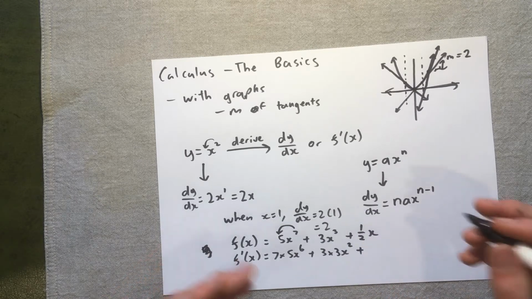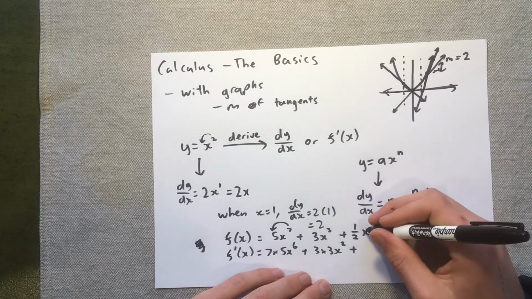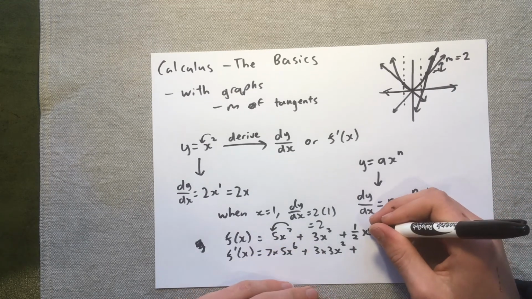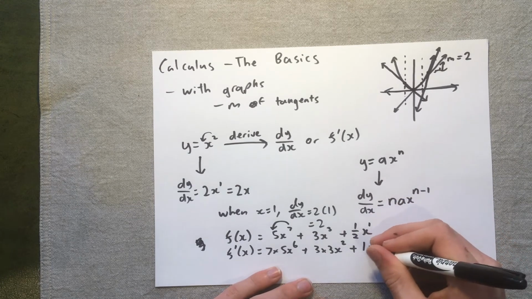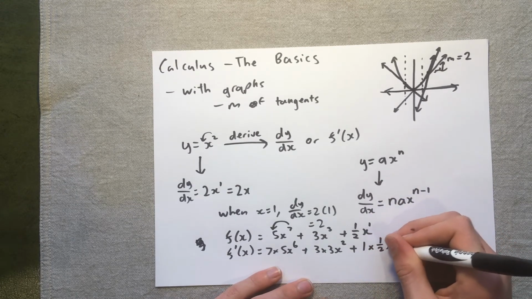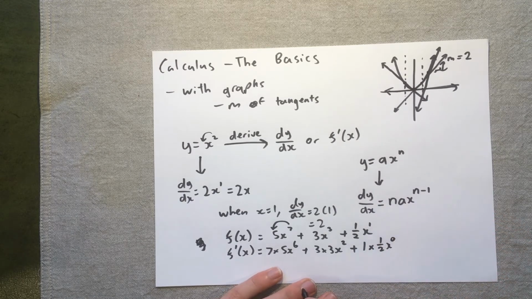This is a slightly harder example. Well, it's not hard, it's just an interesting way to understand how it works when you've got x to the power of 1. X to the power of 1, we move that 1 to the front, multiply it by the original, and we take 1 away from this 1, so we get x to the 0. We know that anything to the power of 0 is just 1.